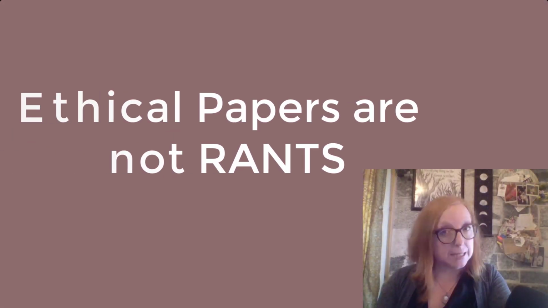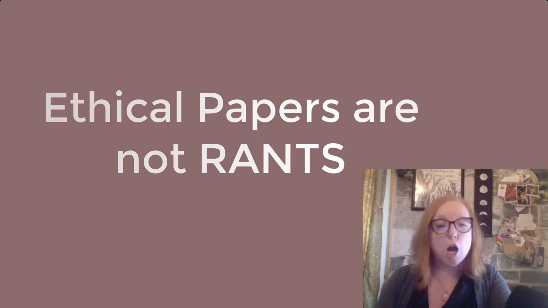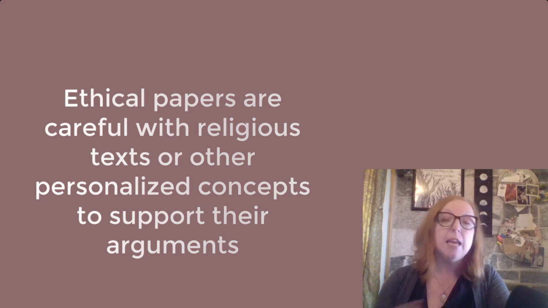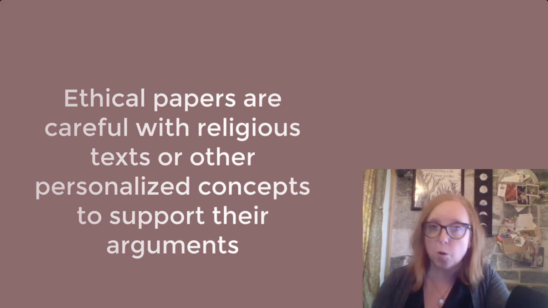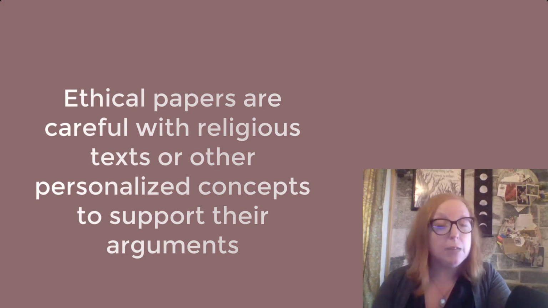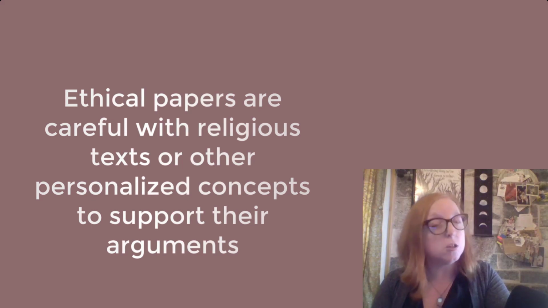Next, remember that you must be objective. Objectivity matters most specifically in ethical papers because ethics papers are not rants. They are reasoned analyses. They are not religious in nature, though you may refer to religion from an ethical standpoint. If you rely on religious texts, you enter into a murky territory where your objectivity may be called into question. So tread lightly when using religious texts as a source of ethical reasoning.